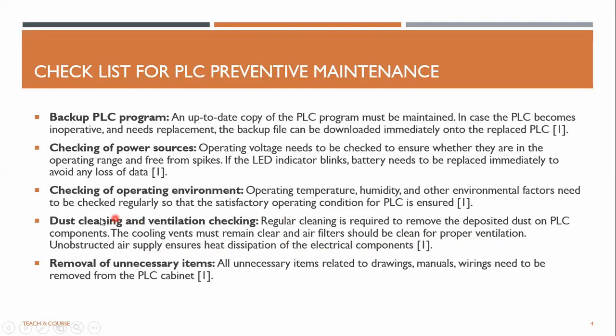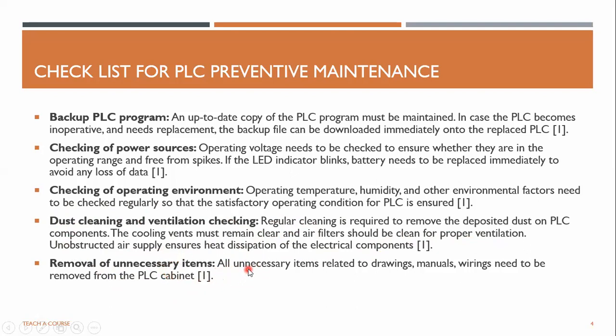So you have to regularly visit your PLC control cabinet and see that the cooling fans are clear and there's no dust inside. And sometimes when you go to the control cabinet, you accidentally put a document on top of the PLC and just leave it on the control cabinet, right?